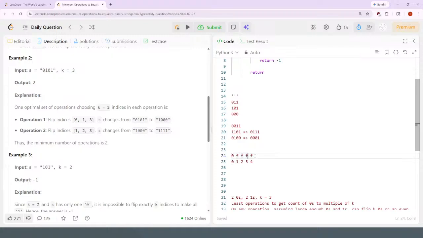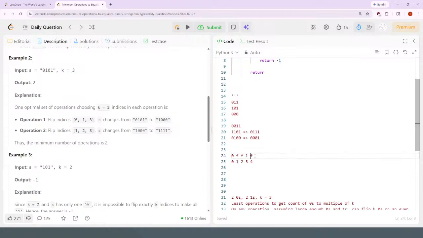So you should be able to change k away from that spot to be 1, because you're then toggling k zeros to be all ones.